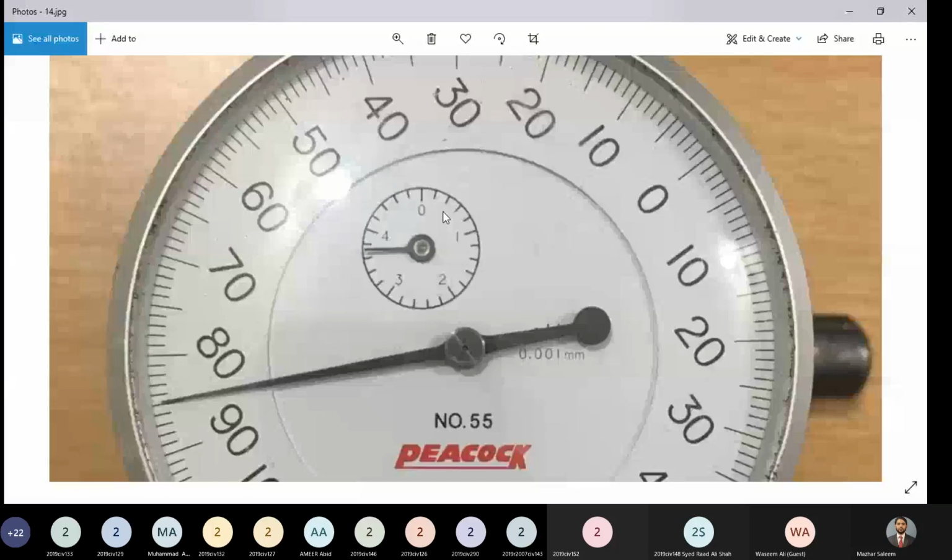But if it's in counterclockwise direction, then you have to read it more carefully, because the value shown on the scale cannot be read directly. You'll have to make some conversion. So if it's moving counterclockwise, this is 0.2, 0.4, 0.6, 0.8 and 1 millimeter. And this value is 1.2 millimeters.